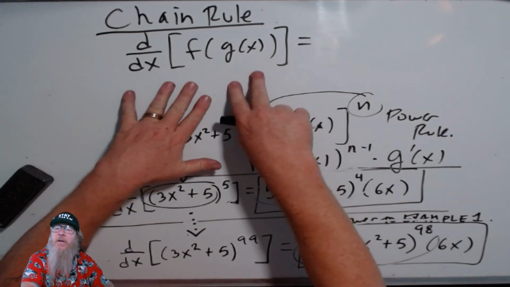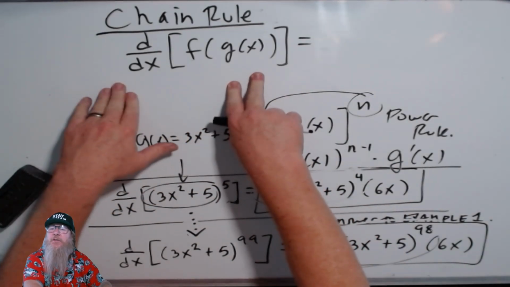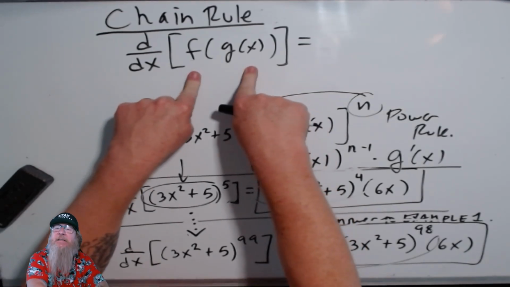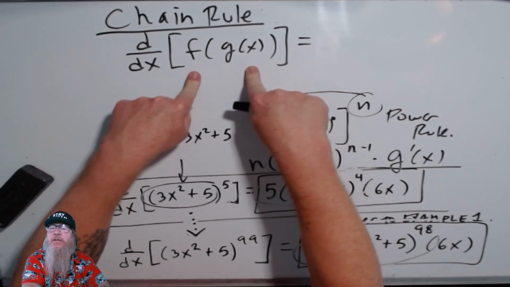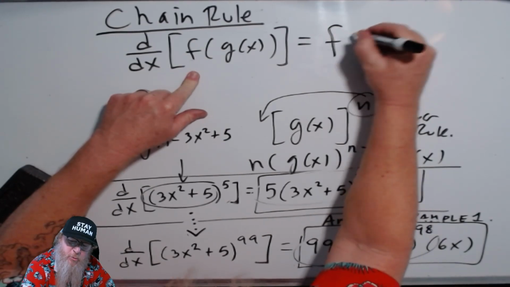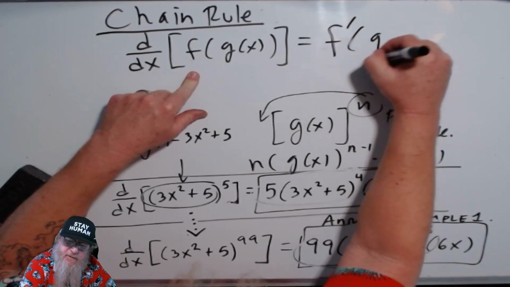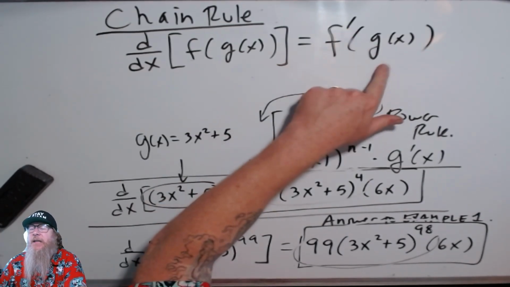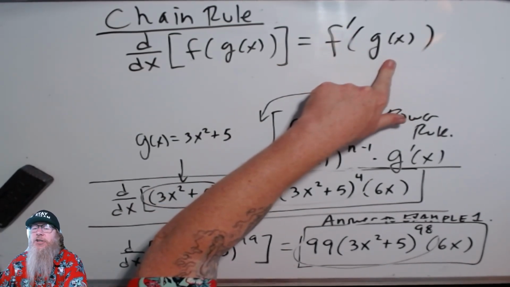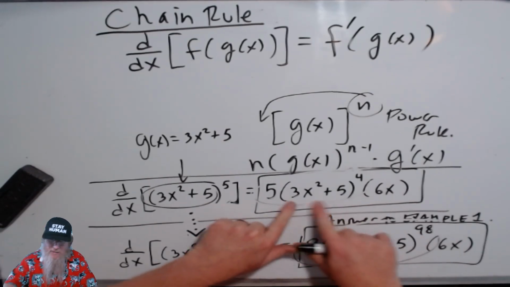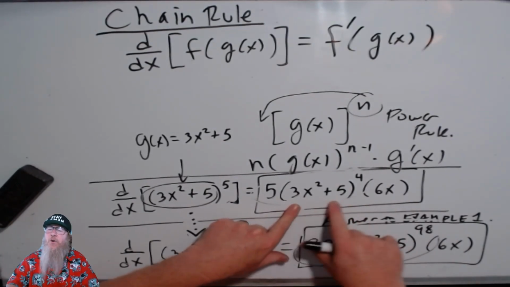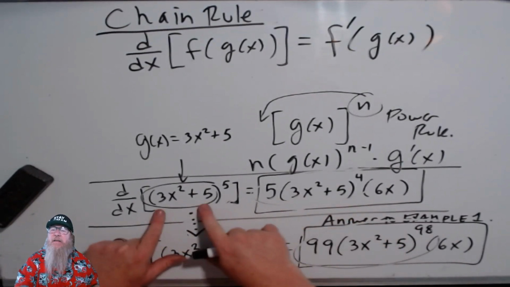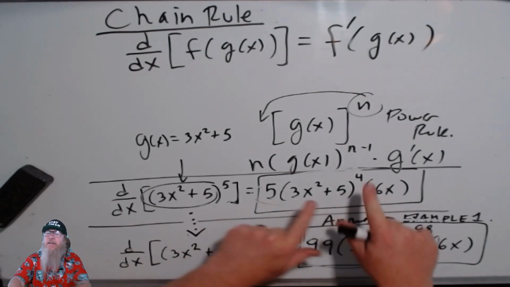So let's formalize that with a new rule. The derivative of a chain, also known as a composition, is the derivative of the outer function, ignoring the inner function, g. That's kind of what we did here. Right? We ignore the 3x squared plus 5. You just carried it down to the next step.